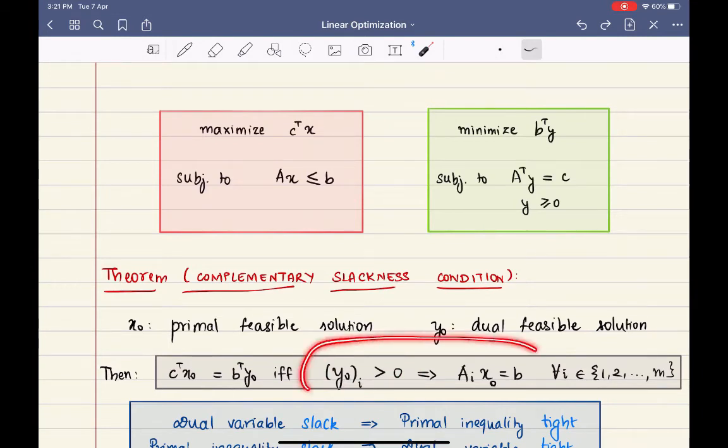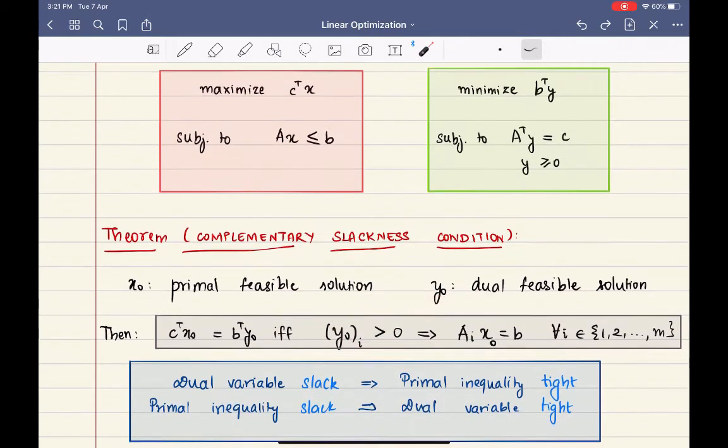This statement has two things. When the dual variable is positive, the primal inequality is tight. And when the primal inequality is slack, then the dual variable has to be zero. Because if this was slack and this was also slack, then this implication gets violated.